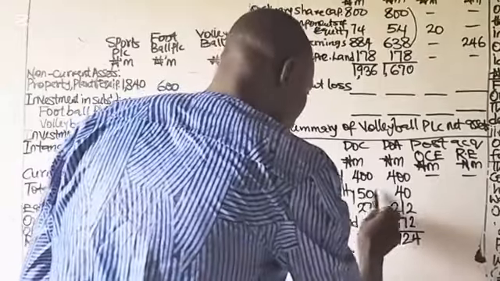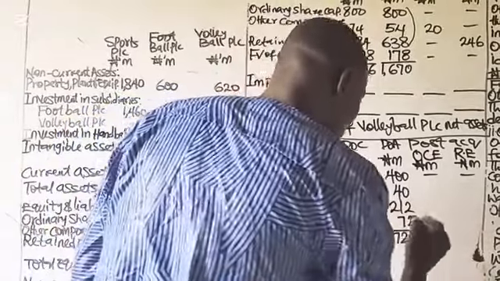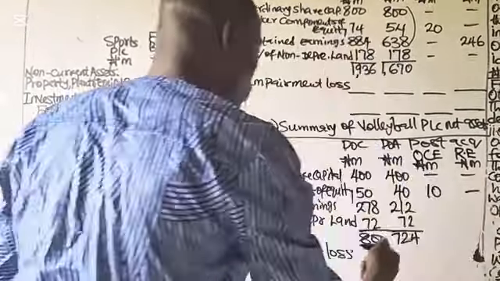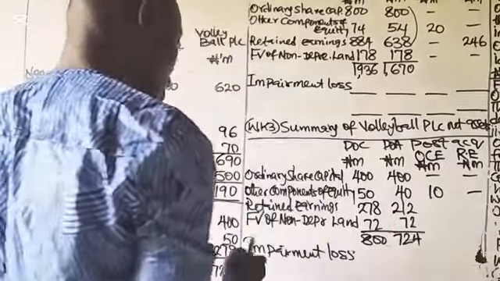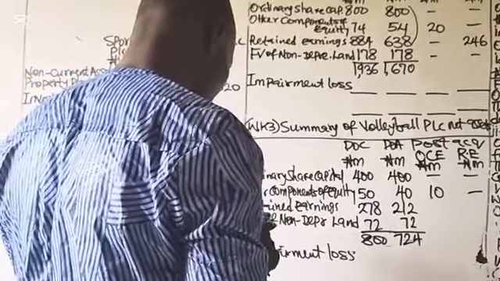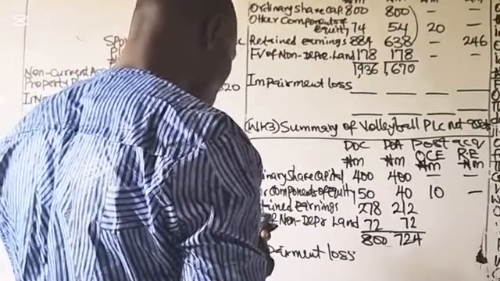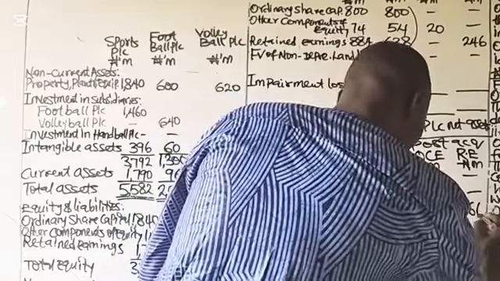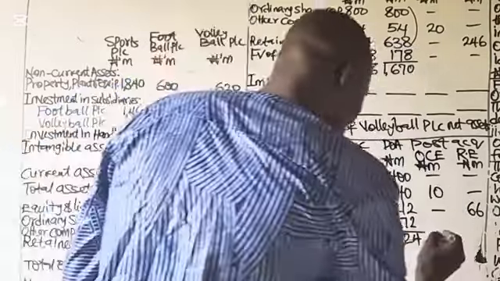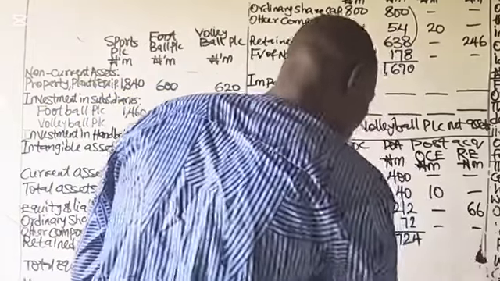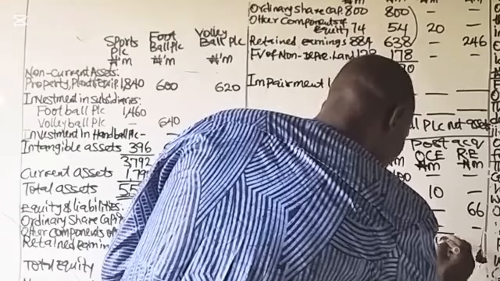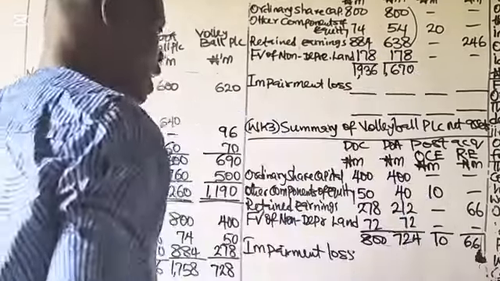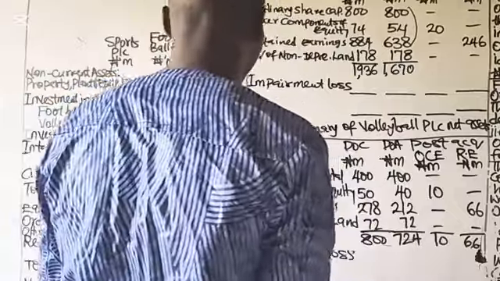What is the difference between 50 and 40? We have 10. The post-acquisition other components of equity amounted to 10 million. 278 minus 212 gives us 66. The post-acquisition retained earnings amounted to 66 million. If there is impairment loss, we will charge that.